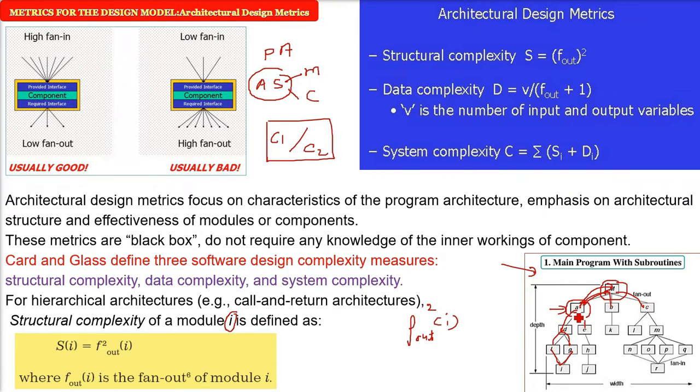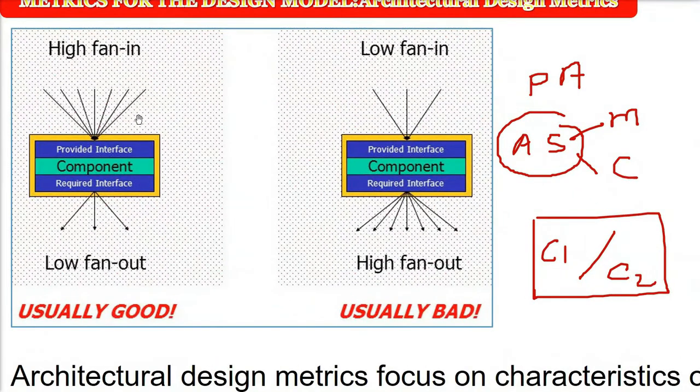Now the question will be, what is the fan out? The fan out is the number of submodules this is going to invoke. For example, here there is a component. Now here we have different functions calling this component. This is called fan in. That is, fan in is when this function is invoked by others. But fan out is how many components or modules or functions this component is going to invoke.